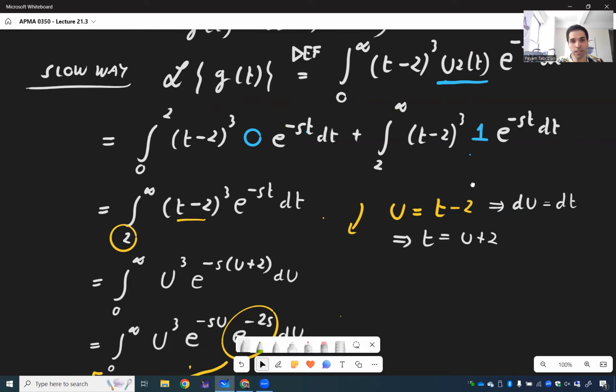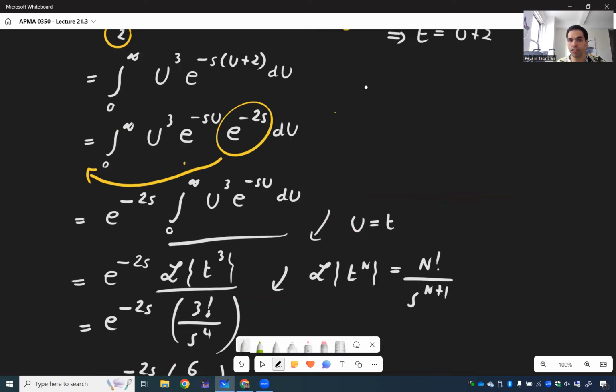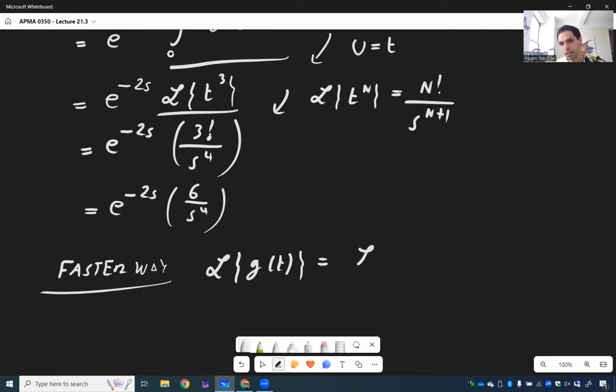But now, what is the faster way? Well, if you calculate the Laplace transform of g of t, it became the Laplace transform of t cubed, but with this extra exponential term. So the faster way, and I will write this in terms of a formula very soon. L of g of t, that was the Laplace transform of t minus 2 cubed, u2 of t.